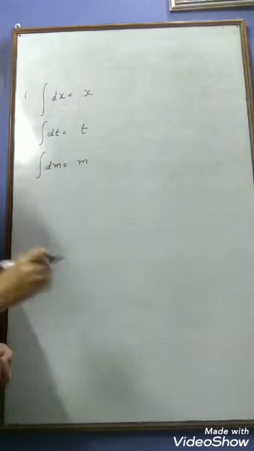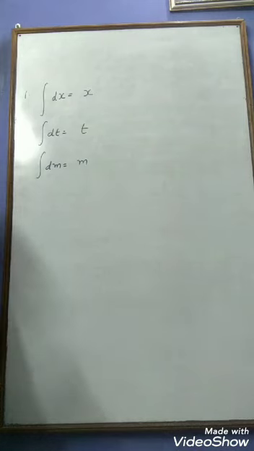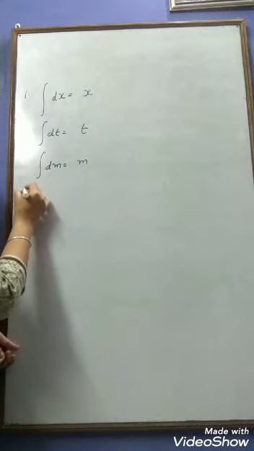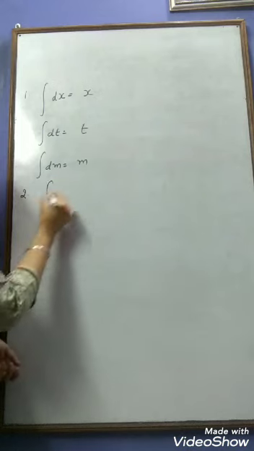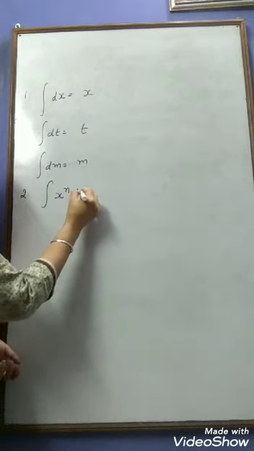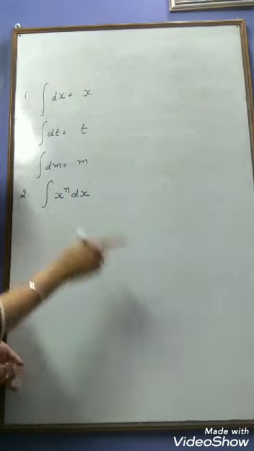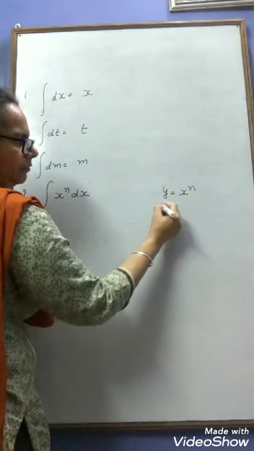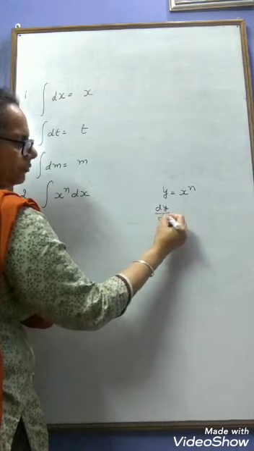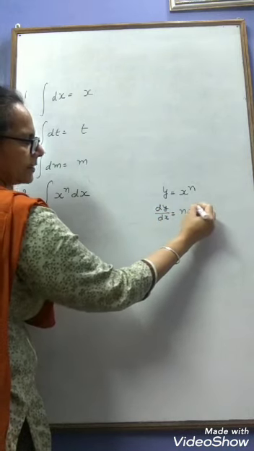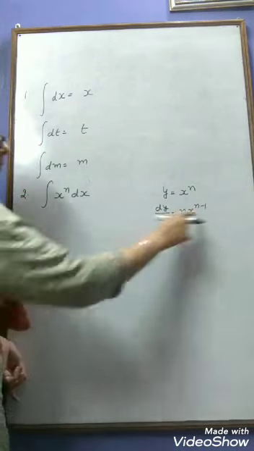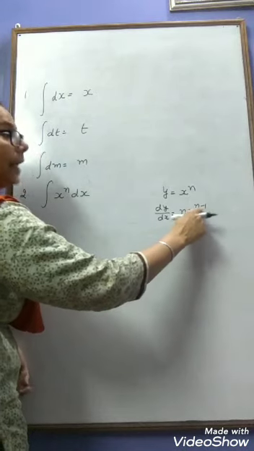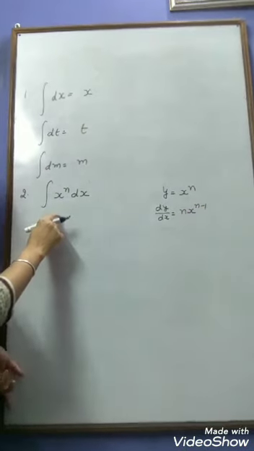Like this. So this is the first term, dx, and the second one is x^n dx. In derivative, when we take the derivative, we say n x^(n-1). The power is decreasing, n minus 1, but here we have the reverse.